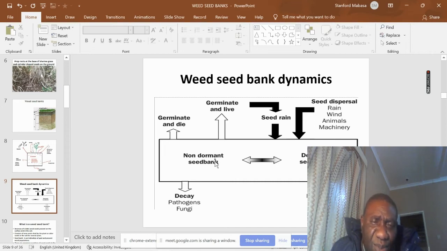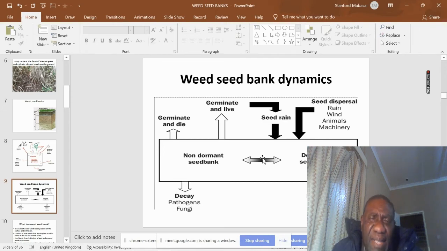So there's a sort of equilibrium where weed seeds can change from being dormant to non-dormant. And we now know various forms of dormancy which can occur.